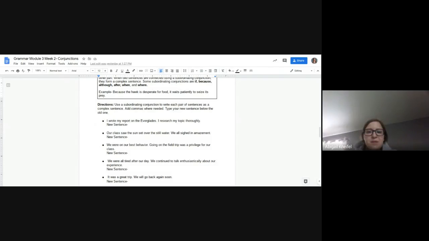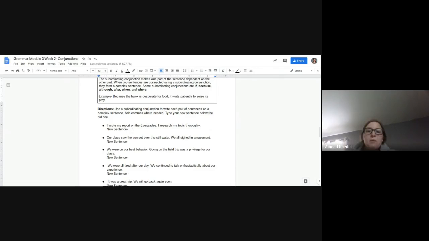So I wrote my report on the Everglades. I researched my topic thoroughly. So one way to write this is after I research, how do I want to write this? Sometimes you can write these a few different ways. I'm trying to think of the best way.